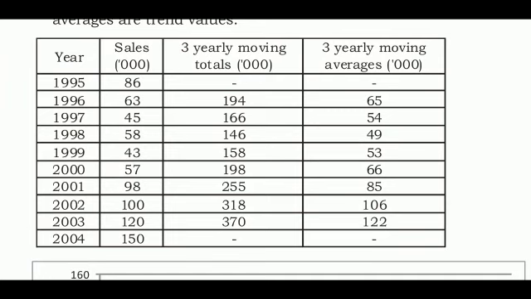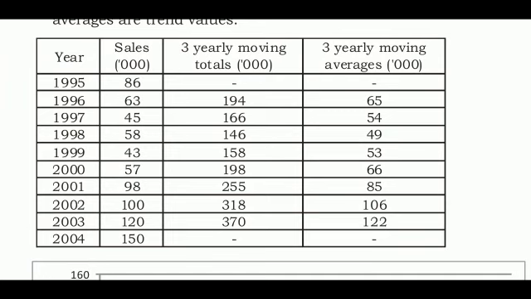For the third one you skip 63, then you add 45, 58, 43. That value is 146. Then next you skip 45, and add 58 plus 43 plus 57. The total here, 158, you write in front of 1998. You skip 58 and add 43, 57, 98.